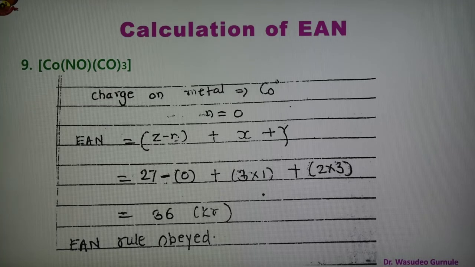So these are the different examples, and we have seen how to calculate the EAN value in the metal nitrosyl. We have taken 3 different examples: in the first NO acts as a 2 electron donor, NO+; in the second NO acts as a negatively charged NO-; and in the third NO acts as a neutral.